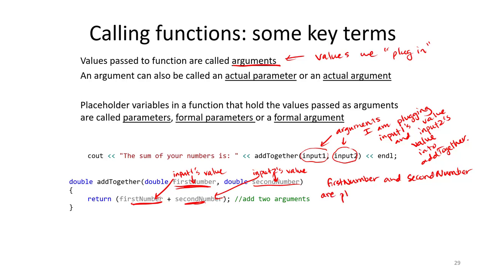First number and second number are placeholder variables, and these are variables which receive the arguments. So if you see people talking about parameters or formal arguments, those are the placeholder values that receive the arguments we plug in.